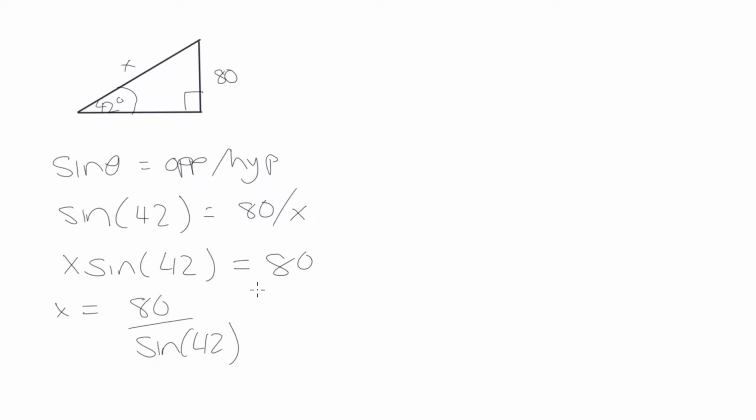So if you put this into your calculator as 80 over sine 42, you should get that x is equal to 119.558, or we can round that off to 119.6. So the length of this side is going to be 119.6 units.